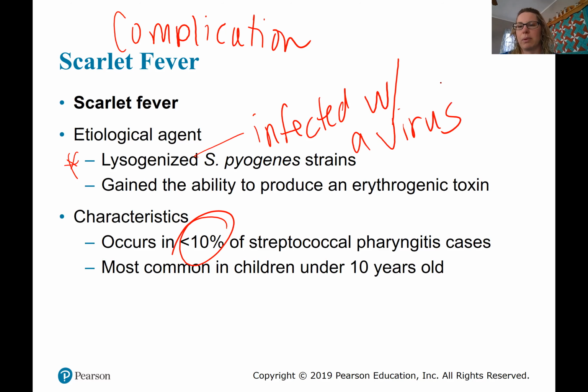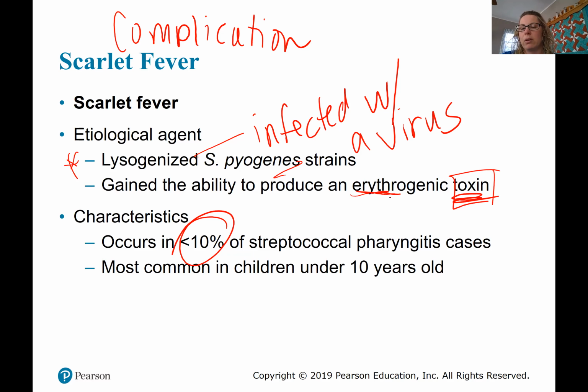So the bacteria themselves have been infected by a virus. Those viruses cause the bacteria to produce a toxin. So remember, viruses can affect our genomes, and they can affect bacterial genomes as well. And so those Strep pyogenes that have been infected with the virus now have the ability to produce this toxin.